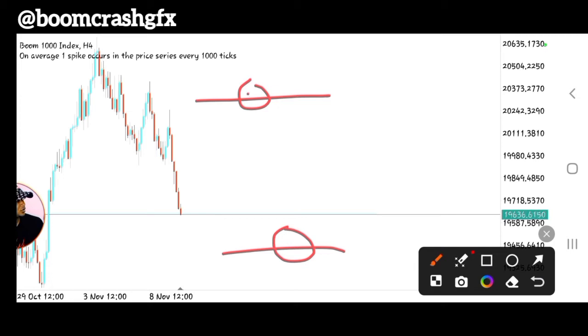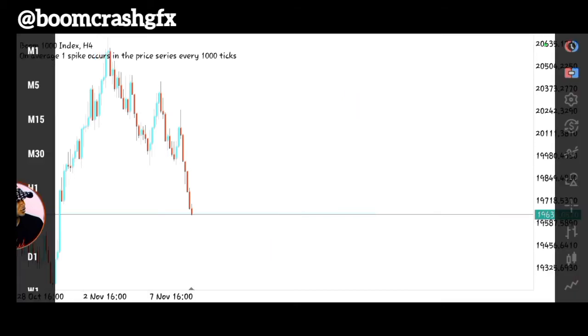You have the price already moving from the major peak to the major low. Now, how do we make use of Fibonacci tools, talking about the 61.8 level of this tool? Let's bring out the Fibonacci tool.